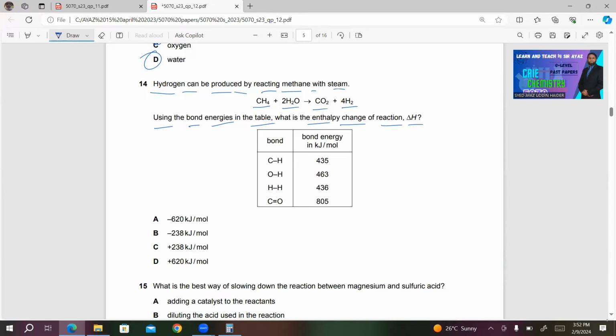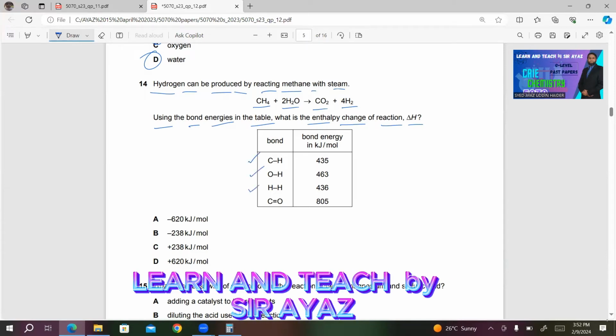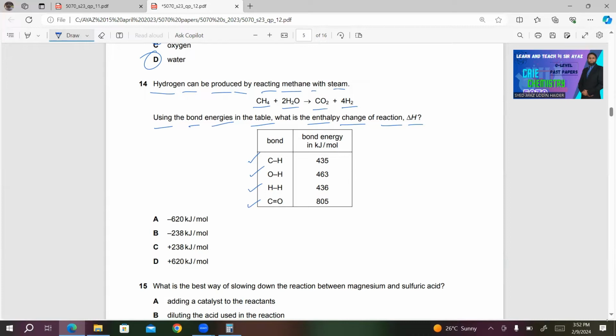For different bonds, we have CH bond, we have OH bond, we have HH, we have C double bond O. First of all, you should know the formula for delta H. Delta H is energy change for reactants, or energy needed to break the bonds. That is on the reactant side.